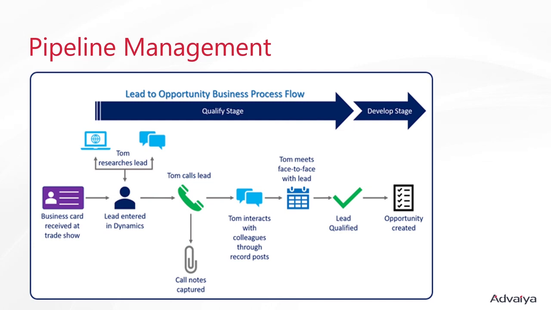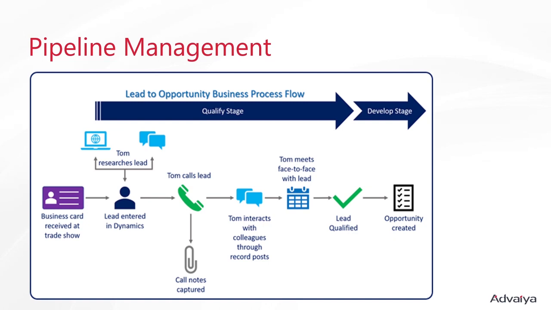So Tom researched on that lead, Tom calls lead and notes are captured. There is a feature in Dynamics 365 which records calls and stores somewhere so that you can hear it whenever needed. Tom interacts with colleague through record post. Tom meets face to face with lead and at the end lead qualifies and opportunity is created.